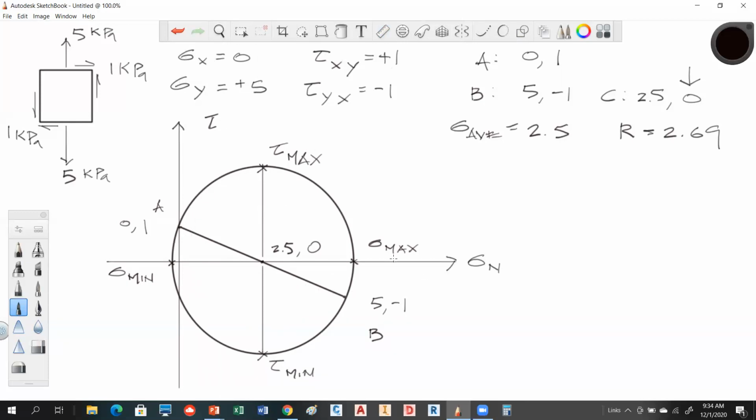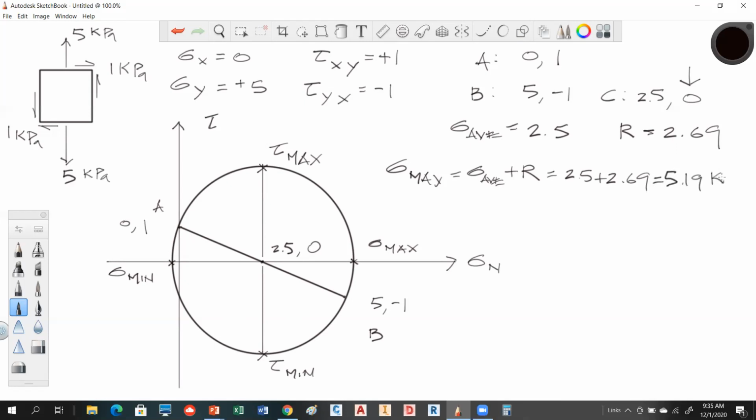Okay, so to solve for R max, it's just the average plus R. So R max is equal to the average plus R. So that's going to be 2.5 plus 2.69, which is like 5.19.